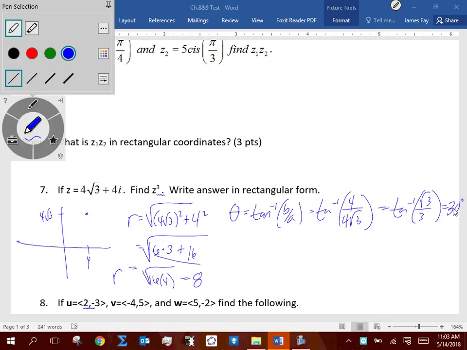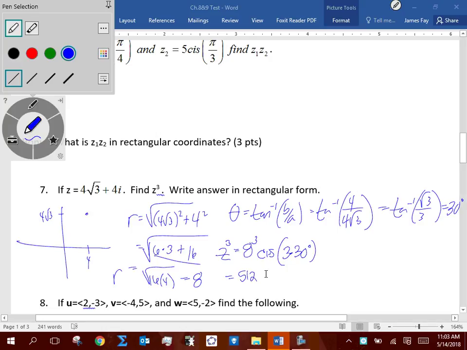A lot of people had 60 degrees here. So now, De Moivre says z to the third will equal r to the third cis n, which is 3, times theta, which is 30. So now I get r to the third is 512. It'd be cis now of 90 degrees.